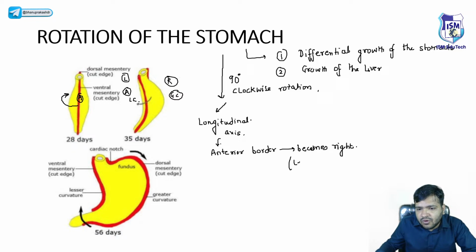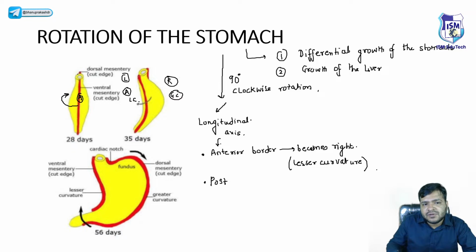And towards the right, you already know we have the lesser curvature of the stomach. And just write it over here. We have the posterior border. The posterior border will also shift, so it will come to the right side, so that curvature, the greater curvature, will be formed.